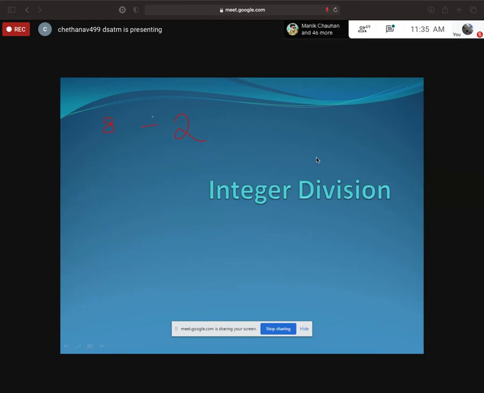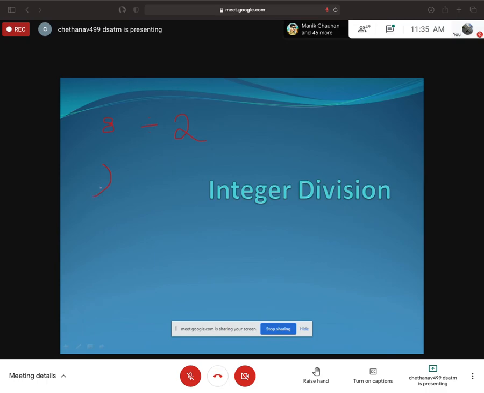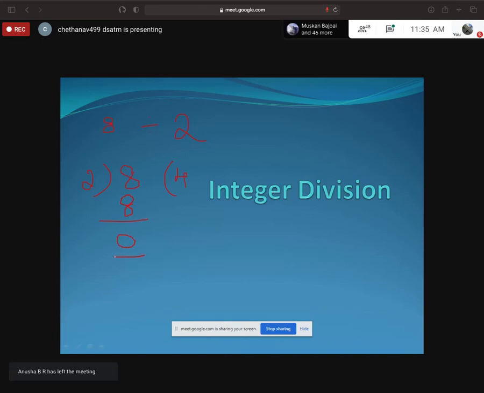We take 8 as the dividend and 2 as the divisor, so we get 4. Whatever is left is not the remainder, this is said to be the quotient. So this is the normal procedure of division. It's very simple and easy also.